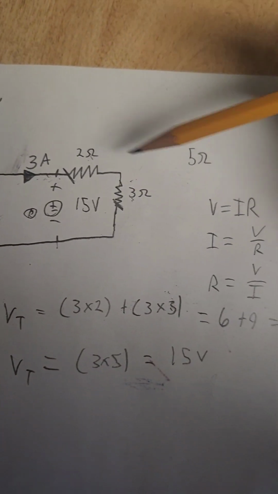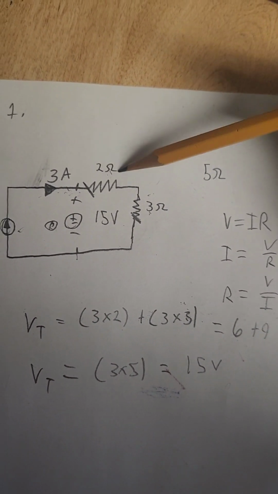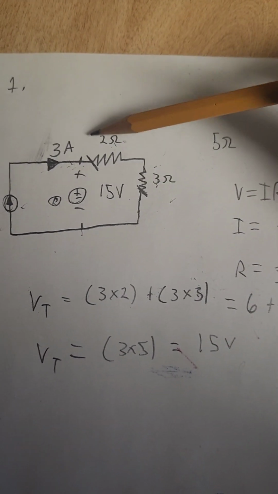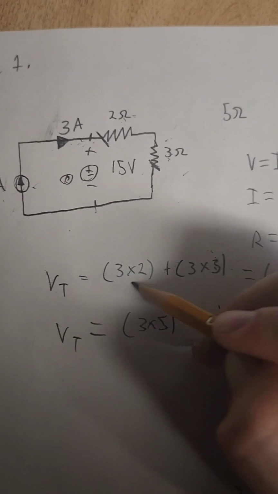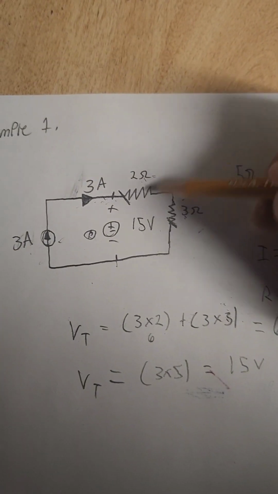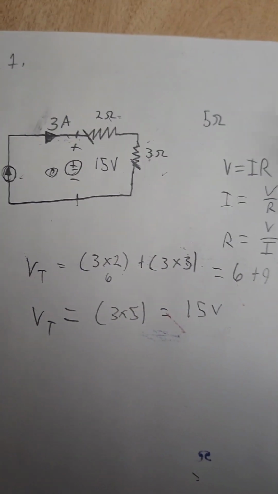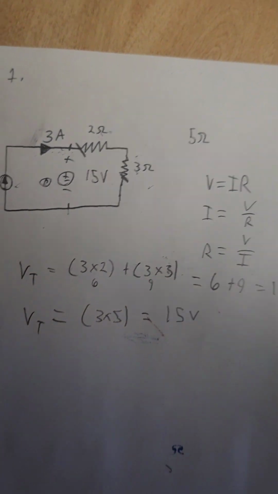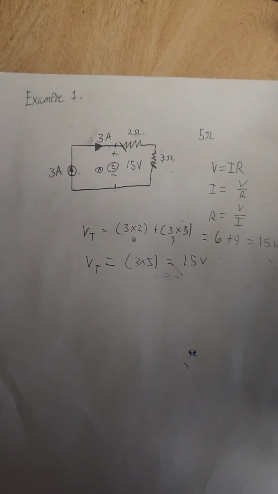The thing is though, when we combine these, we can't see the voltage drop across each of these resistors, but while they're like this, we can very easily. You know, this is 6. So 6 volts dropped across this resistor, and then 9 volts dropped across that resistor. Hopefully that makes a little bit of sense.